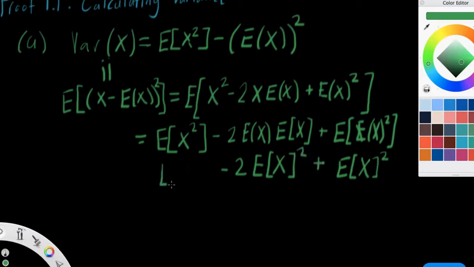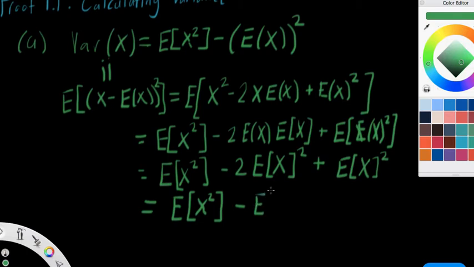And here we just have our expected value of X squared. Well, 2 of something plus 1 of something is just 1 of the thing, so we end up with what we wanted to prove, which was that the expected value of X squared, in the parentheses, subtract the expected value of X, all squared.